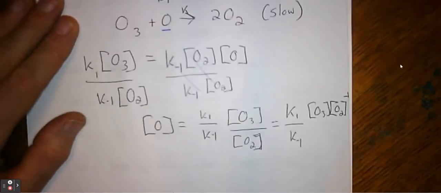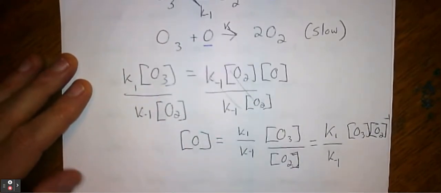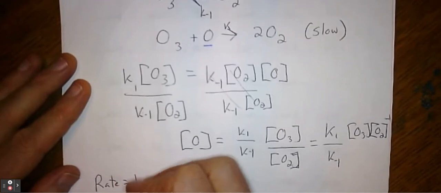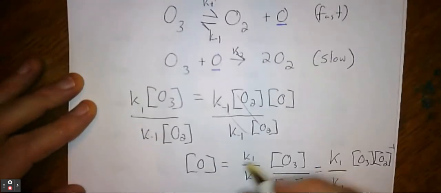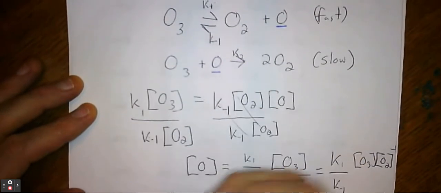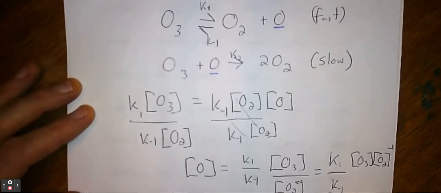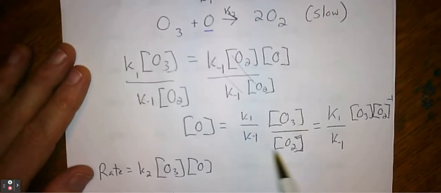All right, now the next thing to do is to write the rate law for the slow step. So rate is equal to K2 in this regard. There isn't a 2 there, I forgot to label it. K2 times the concentration of ozone times the concentration of oxygen. And then I'm going to substitute this into this equation. Take this whole thing and plug it in right there.